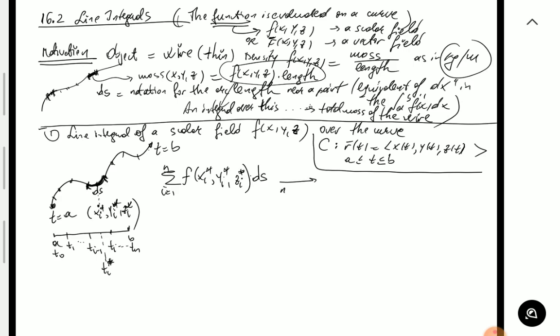Take the limit of the Riemann sum as n goes to infinity. If the limit exists, it will approach a finite limit, which is formally denoted by the integral over C of f of x, y, z ds. So this is the formal notation of a line integral over scalar fields.